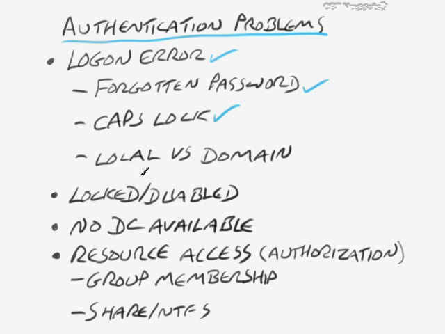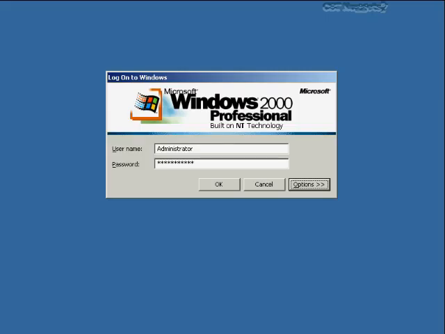Also, keep in mind that they may be logging on locally as opposed to the domain. Now, what we've been working with so far is really just local accounts, but this is actually going to be a totally different kind of logon than you would have for a domain account. By way of example, here I have joined this Windows 2000 Professional computer to the AccuSource domain, which is my own domain. And I might try to log on, and I might be getting denied logon.